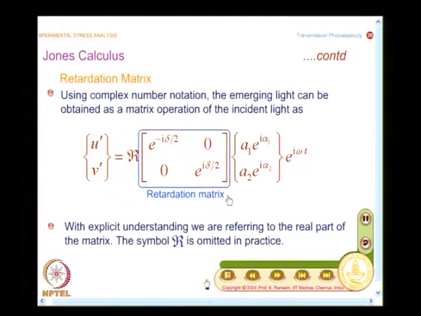So, what we have now seen is that a retarder in general introduces a rotation and a retardation, and the rotation matrix you have seen in many of your earlier courses. It is nothing new. When you have a vector and want to represent it with respect to another axis which is rotated, you use the rotation matrix. The same rotation matrix comes here also.